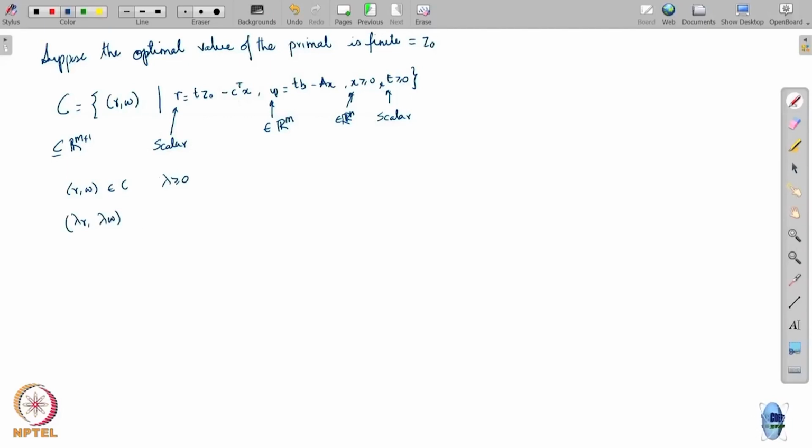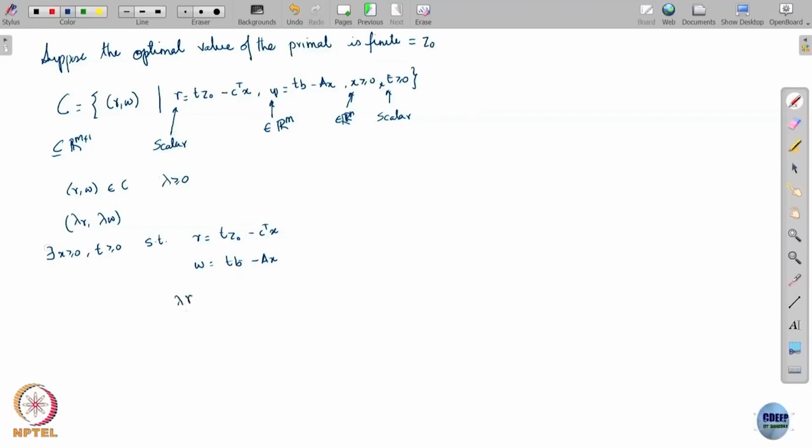If (R, W) belongs to C, that means there exists X greater than or equal to 0, T greater than or equal to 0, such that R is equal to T Z0 minus C transpose X, and W is equal to T B minus A X. Now, if I multiply both sides by lambda in both equations, what would I get?